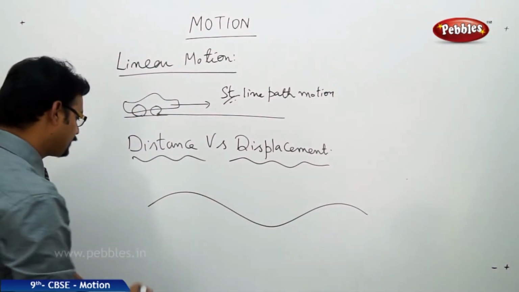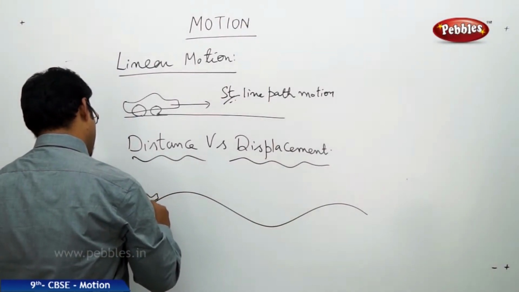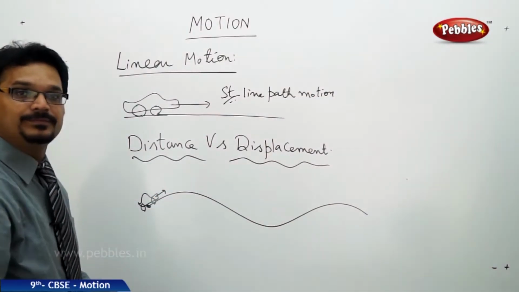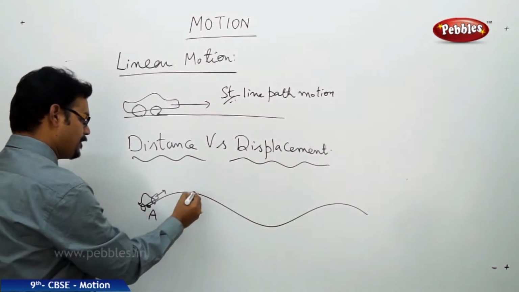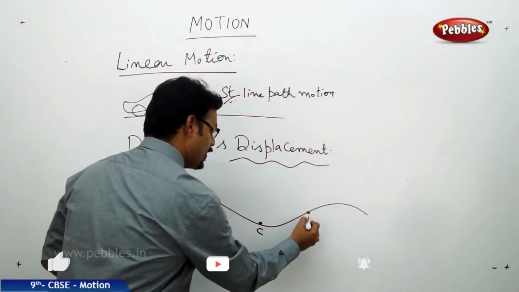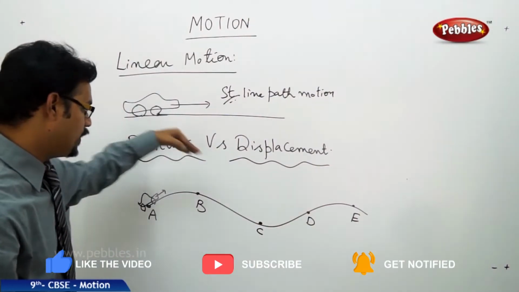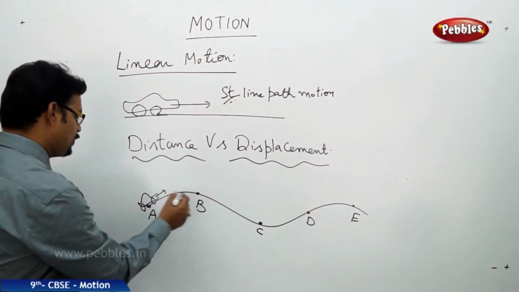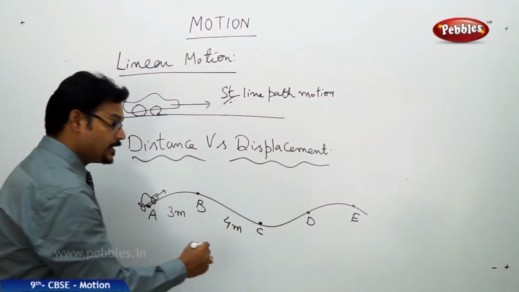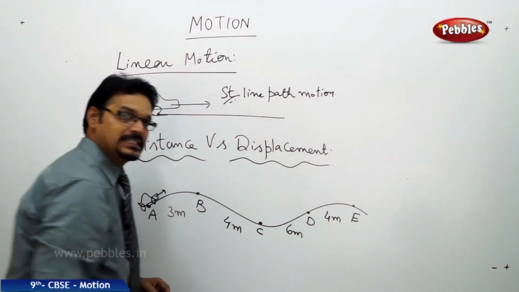There is a car moving on the path, starting from point A, going to point B, point C, point D, and to E. A to B, the distance is 3 meters, B to C is 4 meters, C to D is 6 meters, and D to E is again 4 meters.